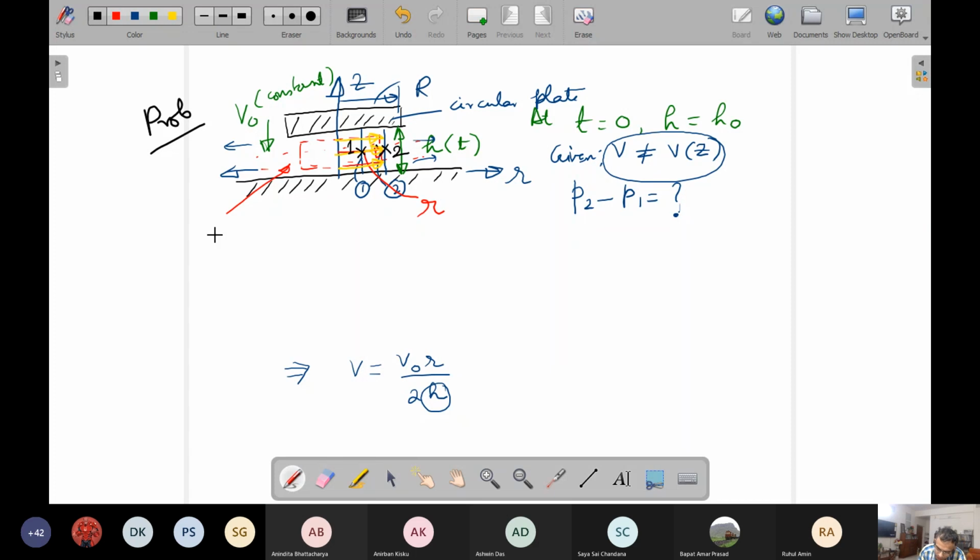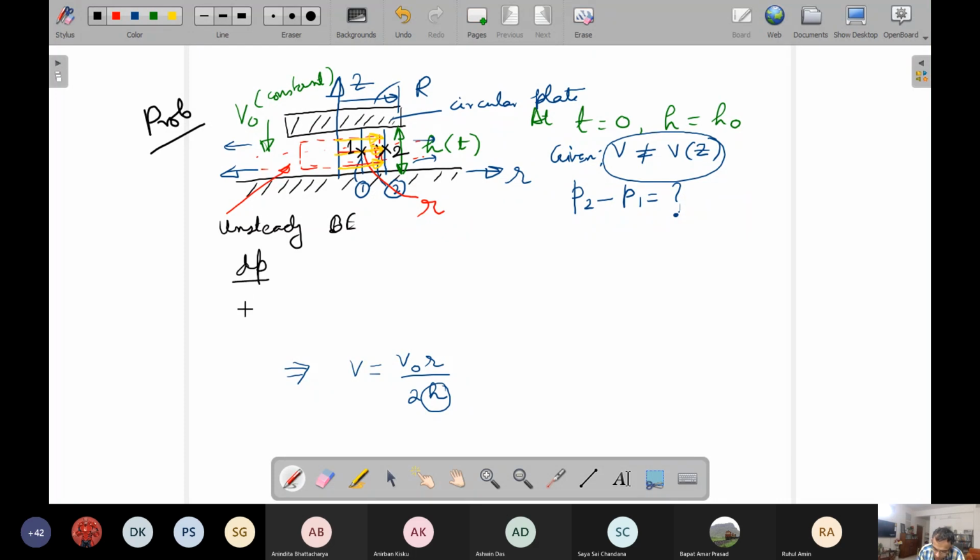So to do that, let us write this unsteady Bernoulli's equation. The points 1 and 2 have to be very clear, and in fact, if you are answering any question in the exam, make sure that you clearly mark those points across which you are applying the equation. And better to do it in a sketch so that you don't have to write too much, but from the sketch it is understood what it is.